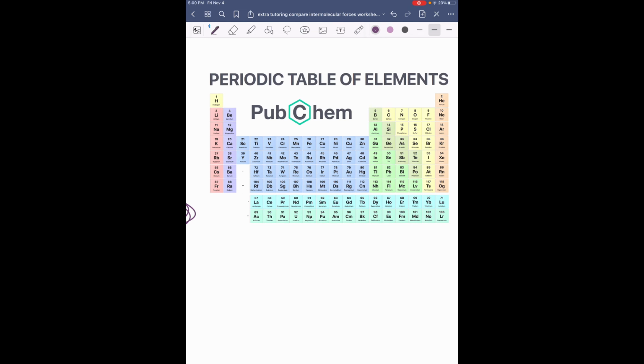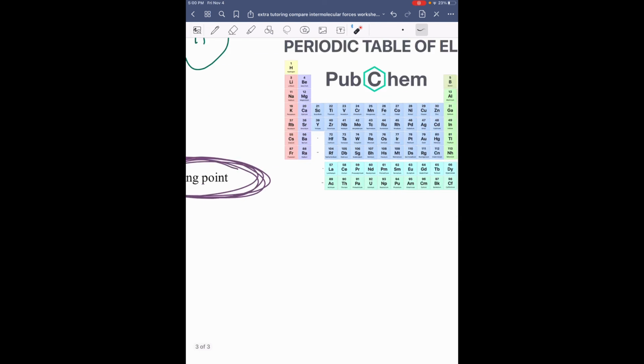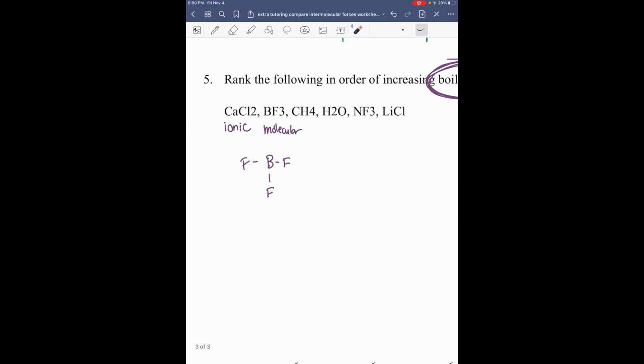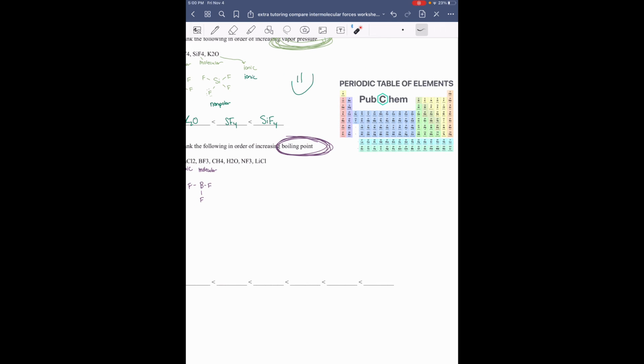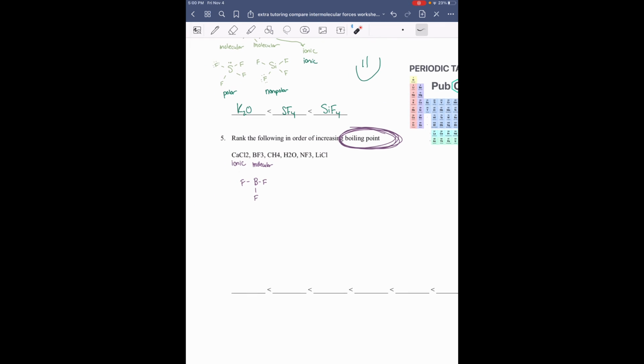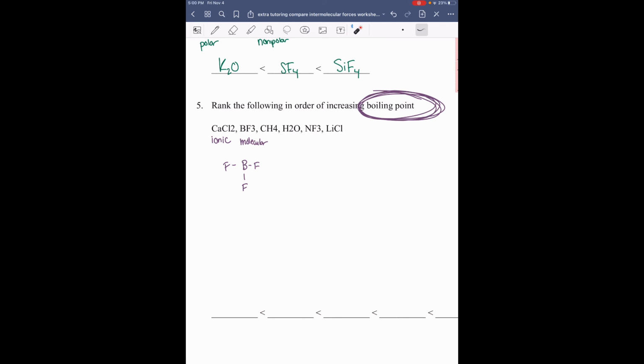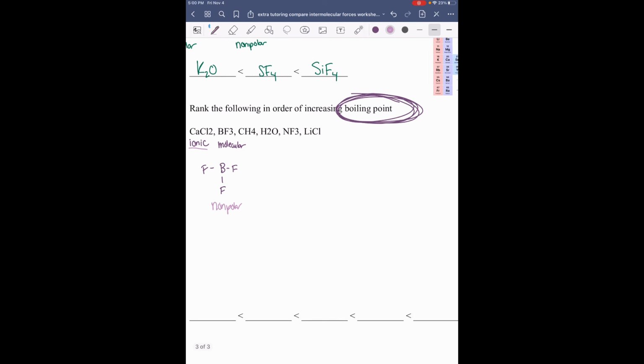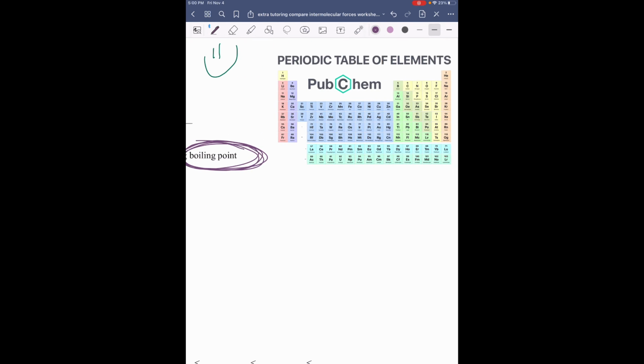We have BF3, and boron is okay just having the 3, so there are no lone pairs on it. So it is non-polar. Next we have CH4. Over here, CH4, H doesn't count, remember, for those.